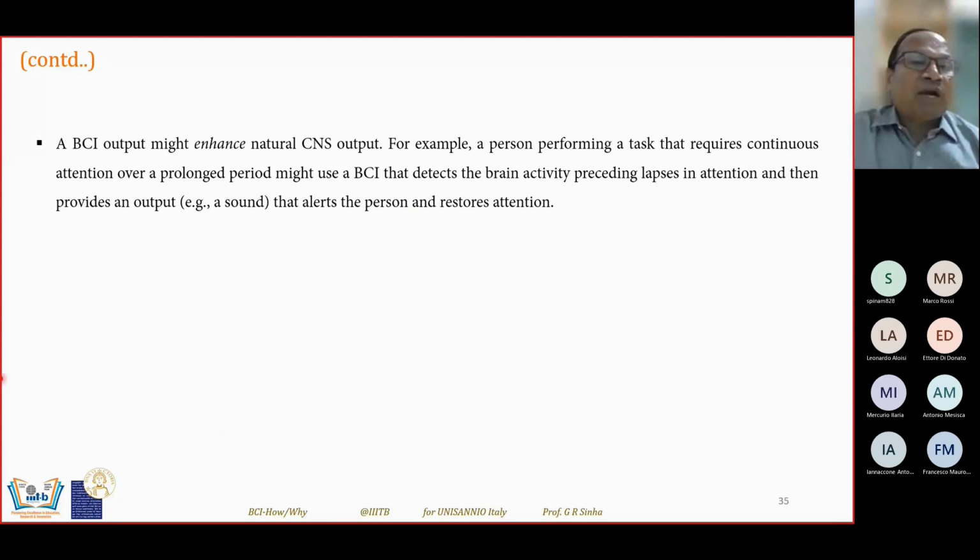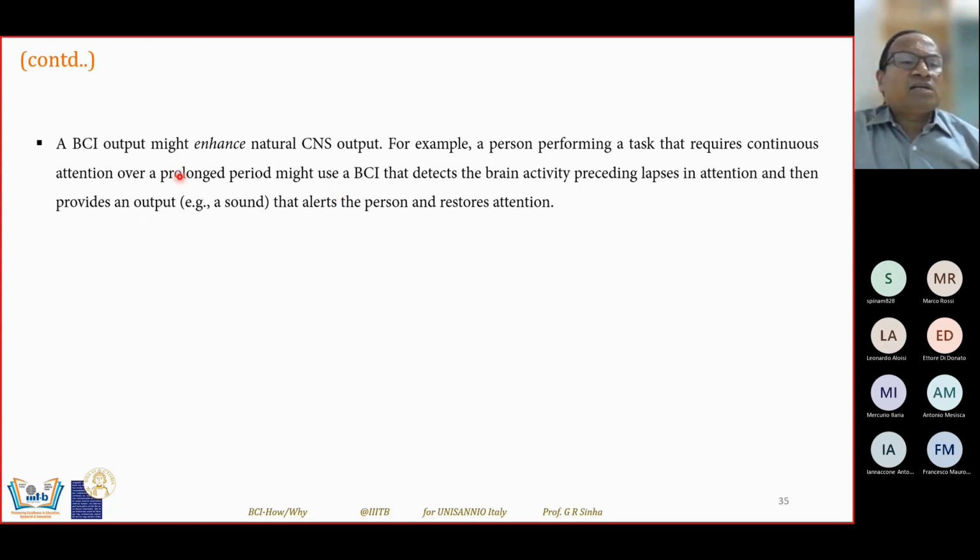A BCI output might enhance natural CNS output. For example, a person performing a task that requires continuous attention over a prolonged period might use a BCI that detects the brain activity preceding lapses in attention, and then provides an output. If you remember, I gave you the example of a person driving a truck for a long time.